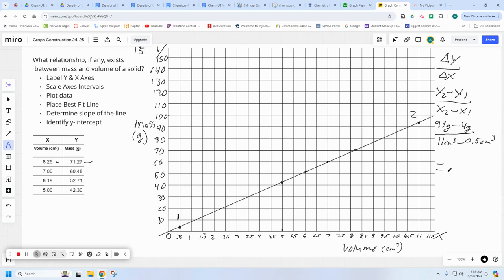Now what we have to do is simplify these things. So if you look at my example, I'm going to do the change in Y. If you take 93 minus the 4 grams, you get approximately 89 grams. If you subtract 11 and the 0.5, you'll get 10.5 cubic centimeters.